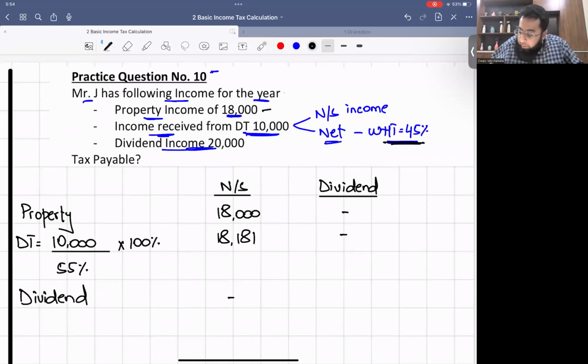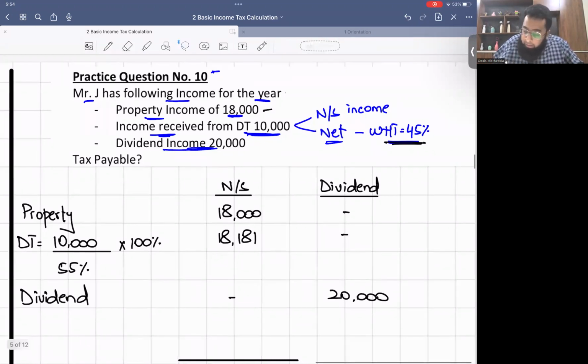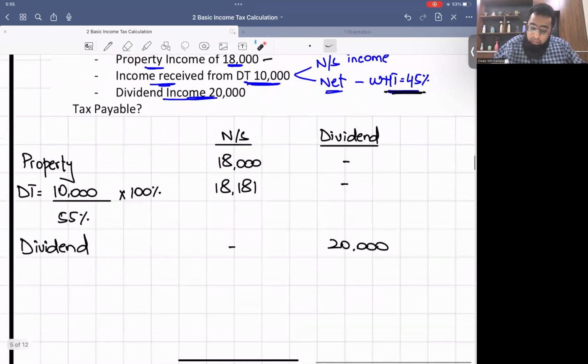Dividend goes in head of dividend, 20,000. Okay. So let me repeat it again. What we have done is, we have first of all classified the income, property income in non-saving, discretionary trust non-saving. We grossed it up, and dividend goes in column of dividend. Okay.